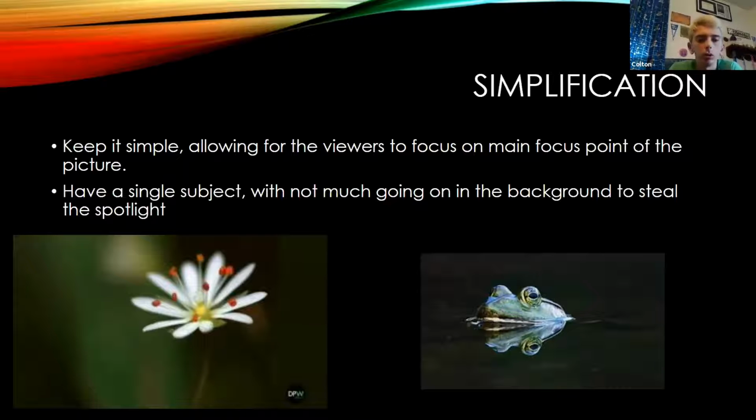So what you do is you get close up. It's more of a close-up type of picture, and your background is very simple, without a lot going on. When you look at these pictures, your focus immediately goes to the flower or the toad in the water, and you're not really focused on the water or the blurry background. So this is what helps keep your photo simple, straight to the point.